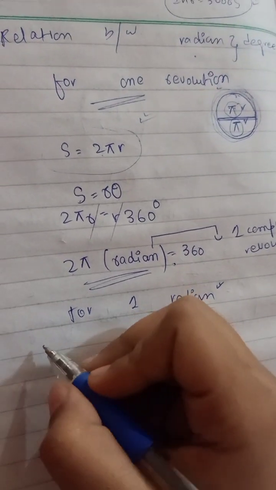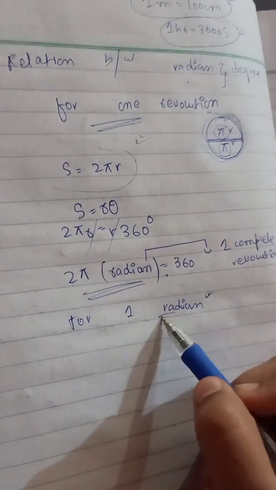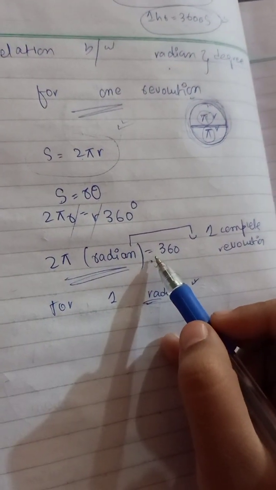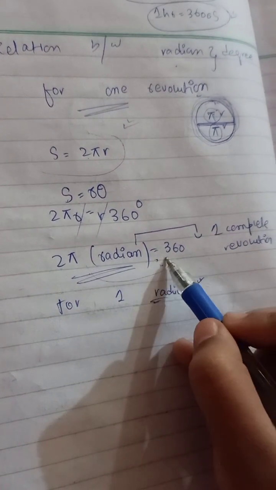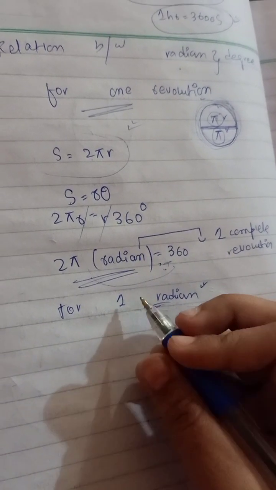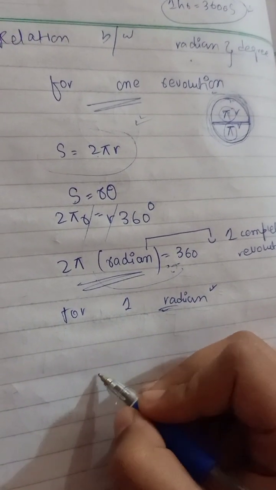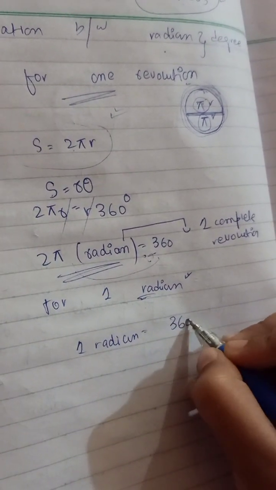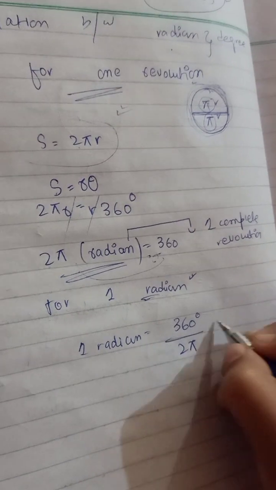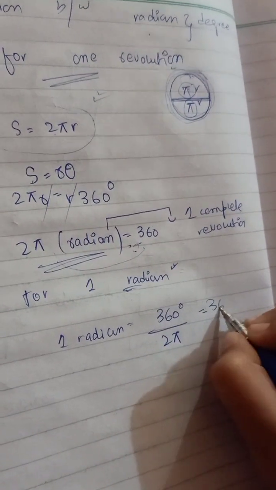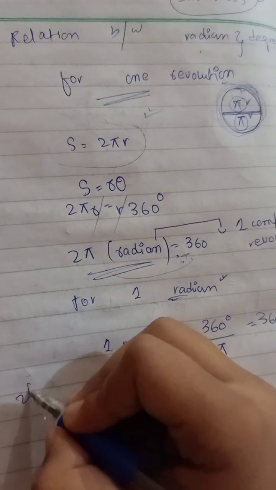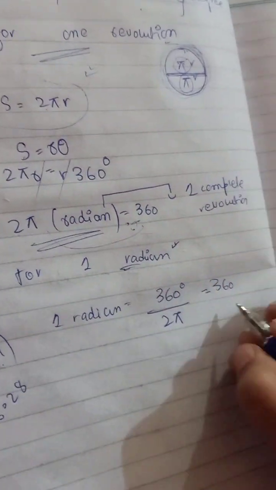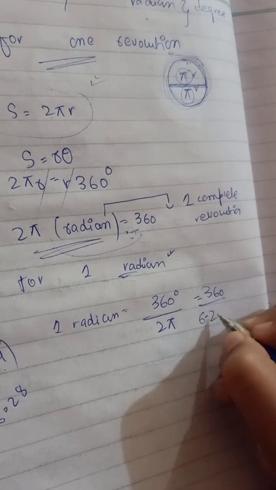Now let's find how much 1 radian is equal to. Here 360 is multiplied by 2 pi, so it moves downward and gets divided. So 1 radian is equal to 360 upon 2 pi. As you all know, pi has the value 3.14, so multiplying by 2 gives 6.28.